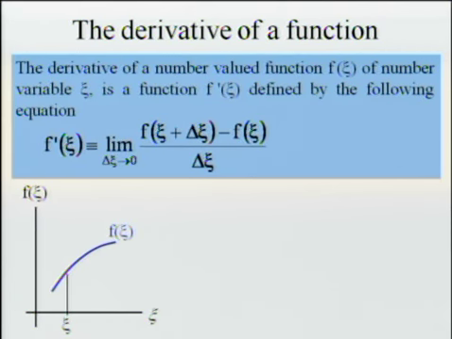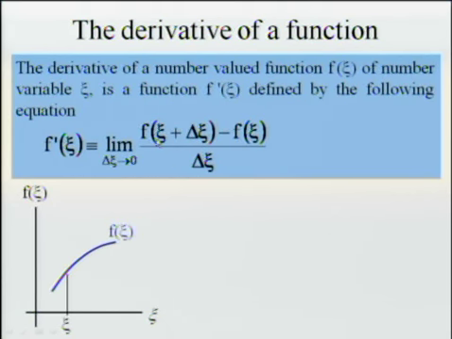So let's see, actually, what do we have to do? We have to calculate a difference. If I calculate the derivative at a particular argument xi, let's say that at this point I try to calculate the derivative of the function.